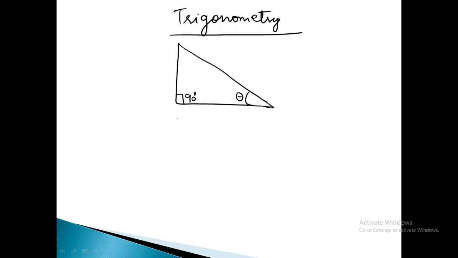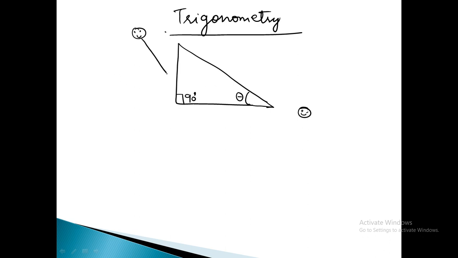When someone stands here and draws an angle, that is known as angle of elevation. And when a person stands here and makes the angle, that is known as angle of depression.